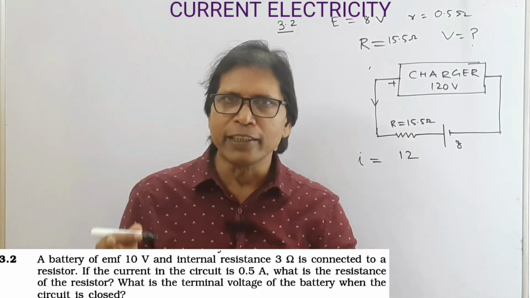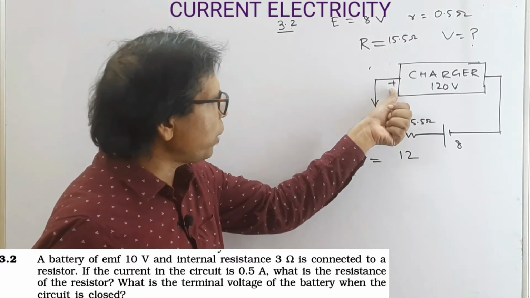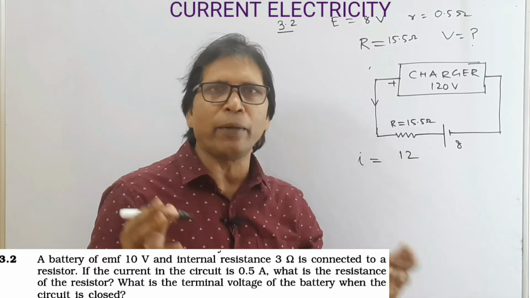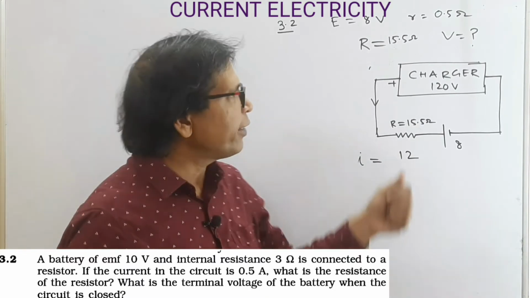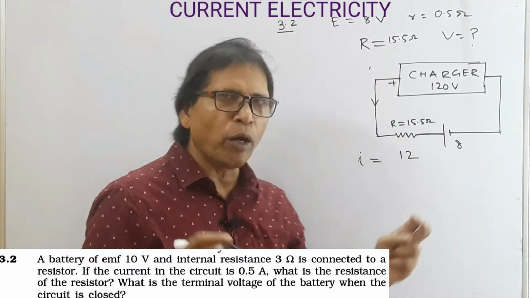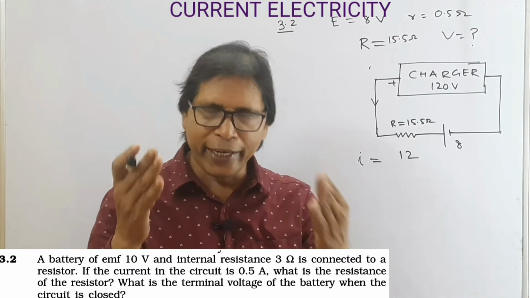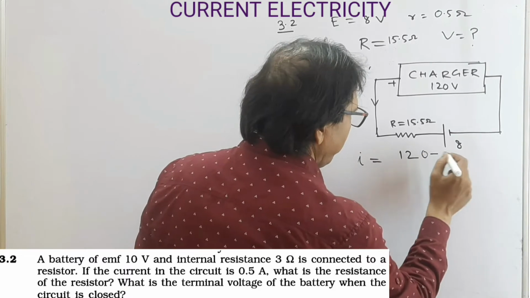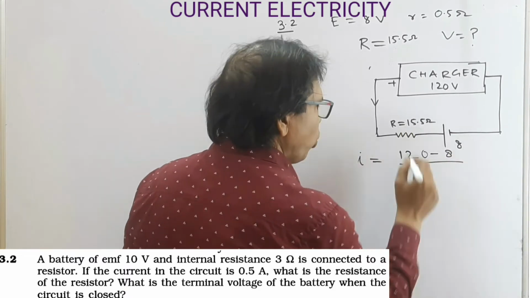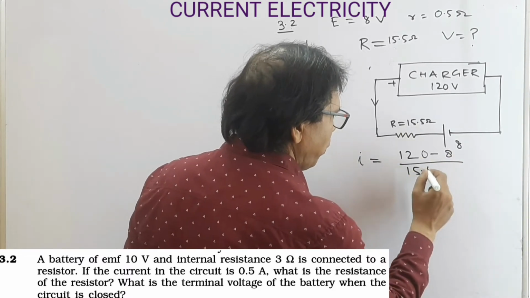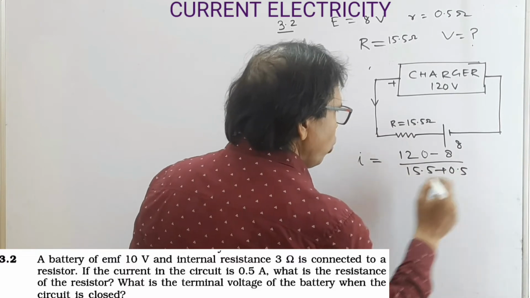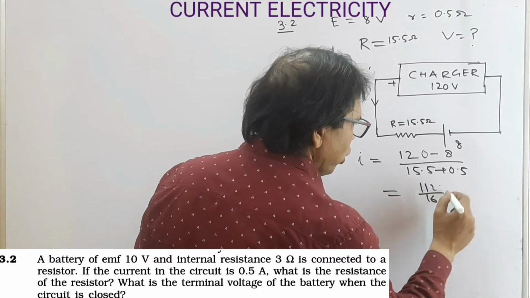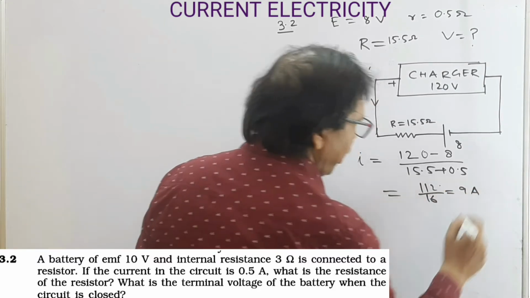Now during charging of a battery, the positive terminal of the charger is connected to the positive terminal of the battery such that the current goes through the battery from positive terminal to negative terminal. So current is equal to 120 minus 8 divided by total resistance, this is 15.5 plus 0.5. So this is 112 divided by 16, so this is 9 ampere is the current.